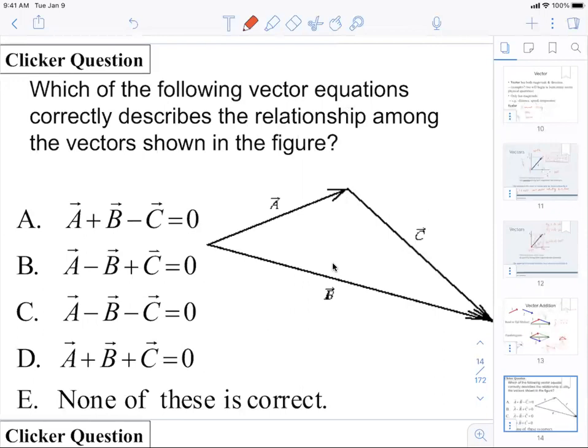Okay, any last minute vote before I close it? Okay, I'm going to go ahead and end the poll, and then let's take a look at the results. A majority of you voted for B, and then the rest pretty much tied, A and D and E. Let's take a look at this together.